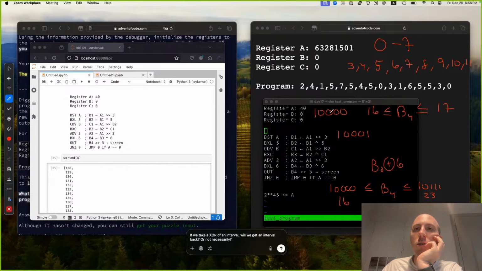If we XOR this with 6, 1 1 0, it's going to be 1 0 1 1 0. So 16 plus 6, and then 17 gets 6 added as well, and that gives us 20.